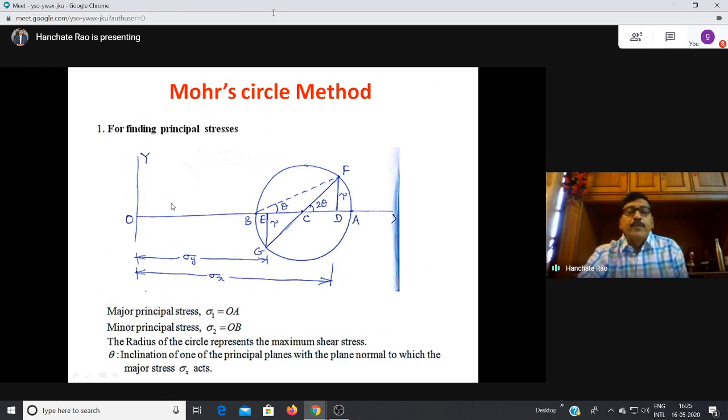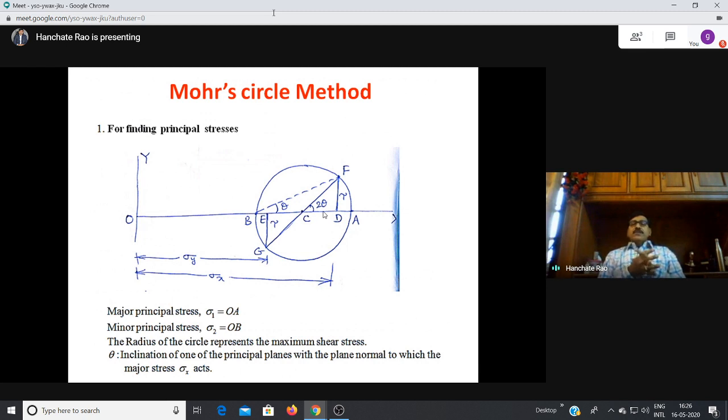So you get OA, and the minor principal stress OB. If you measure OB, say 1 centimeter, the minor principal stress is 1 into 10, 10 Newton per mm square. So by measuring OA and OB, you can get the major principal stress and minor principal stress. And if you measure angle FCA or ACF, that will give you 2 theta.